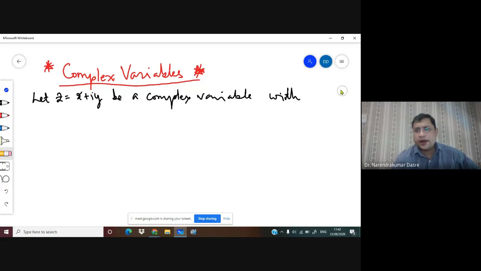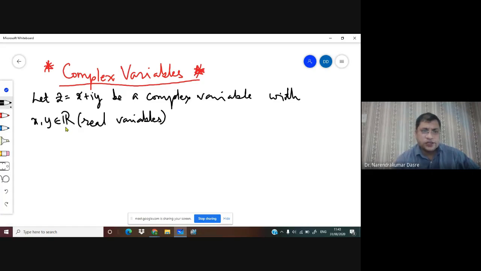This x and y are going to be real variables. Here, this R means reals. So these are real variables. And we are familiar with this notation i, which is the square root of -1.